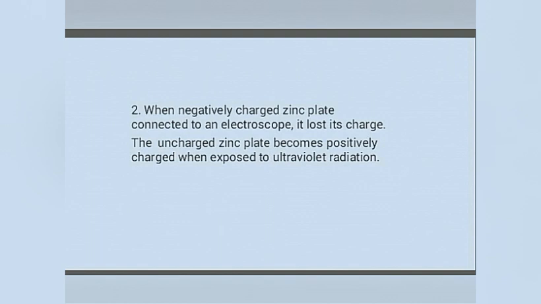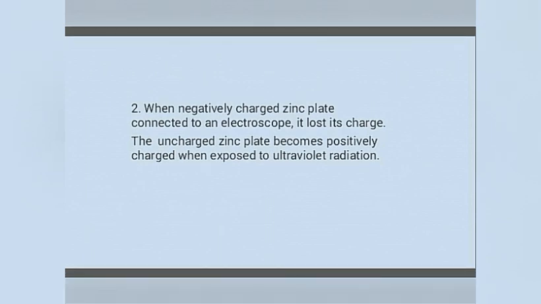Hence, the zinc plate becomes electrically neutral, or uncharged. Next, suppose an uncharged zinc plate is placed in the electroscope, then it becomes positively charged when exposed to the ultraviolet light.